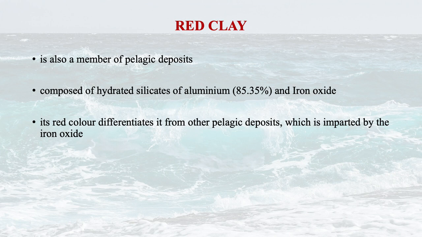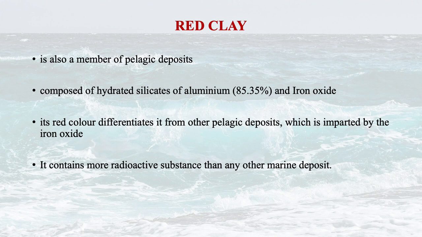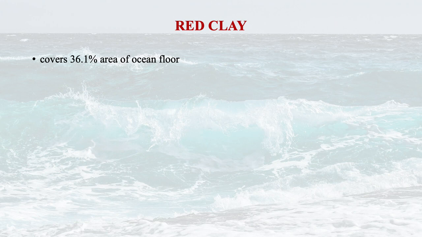It is red in color, which differentiates it from other pelagic deposits, and which is imparted especially by the iron oxide. It contains more radioactive substance than any other marine deposit. It is soft, plastic and greasy in character and covers about 36.1% area of the ocean floor.